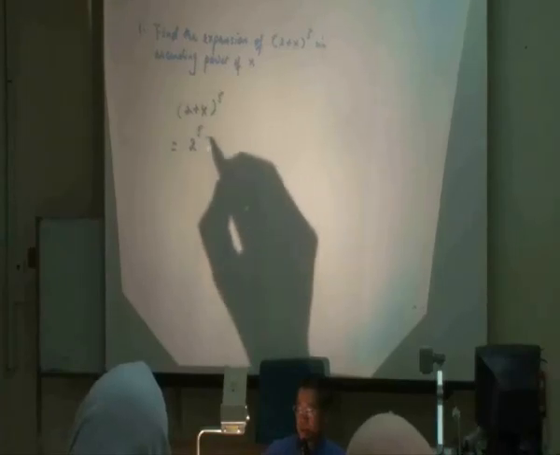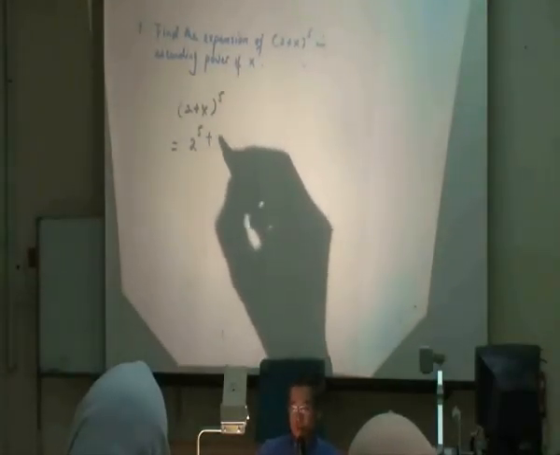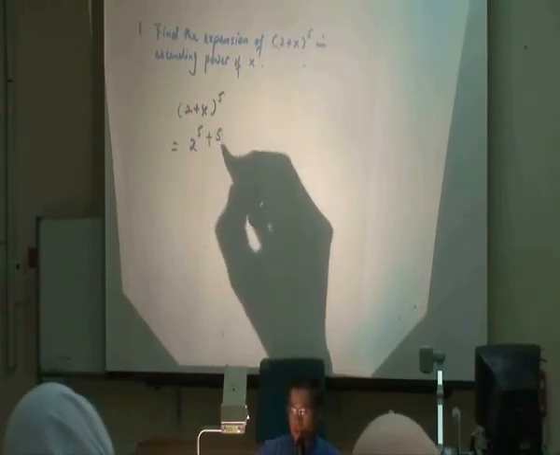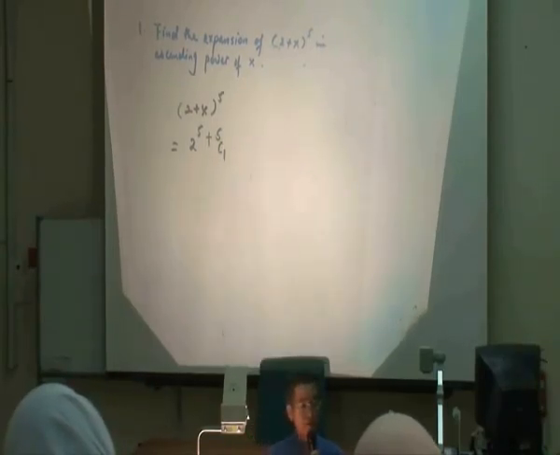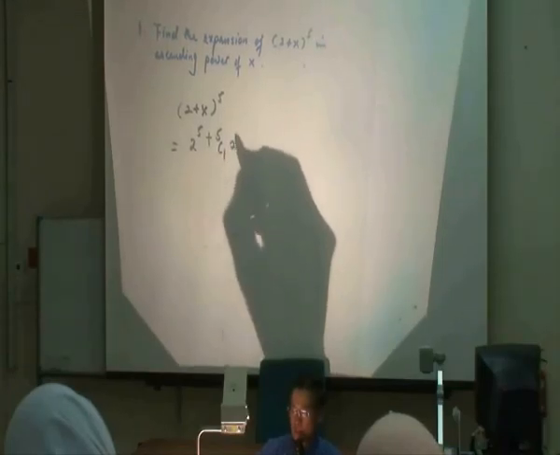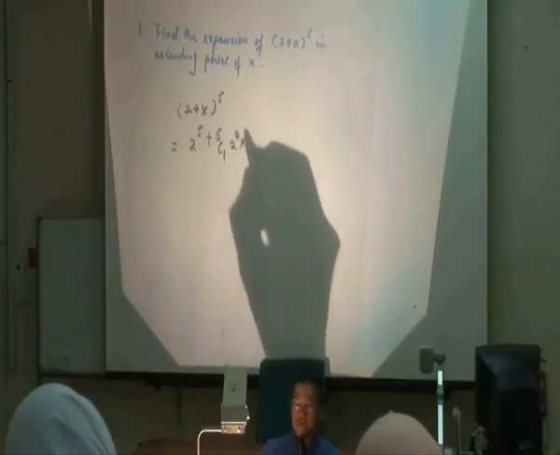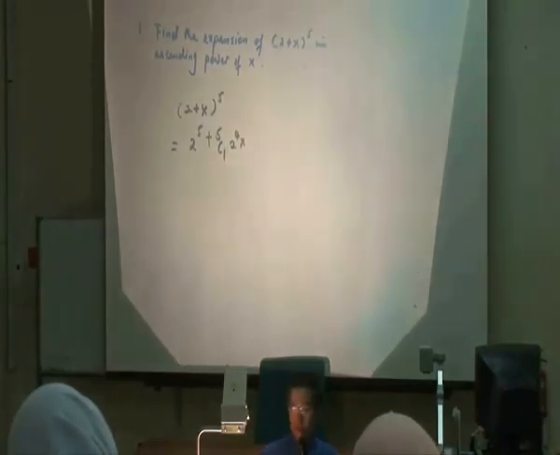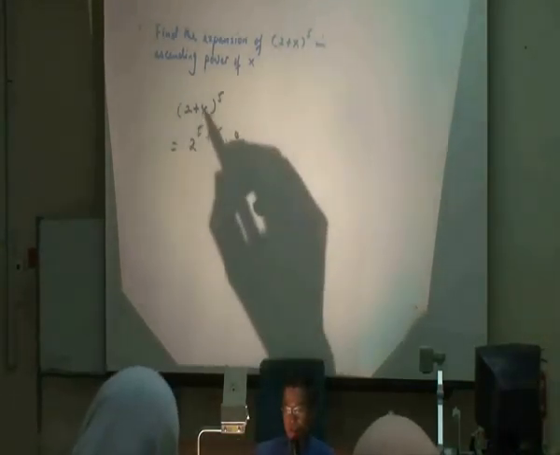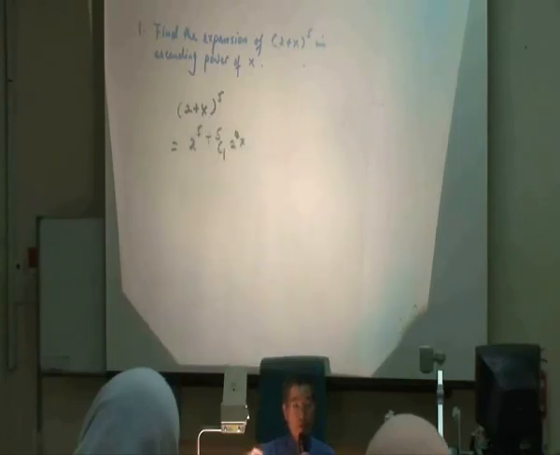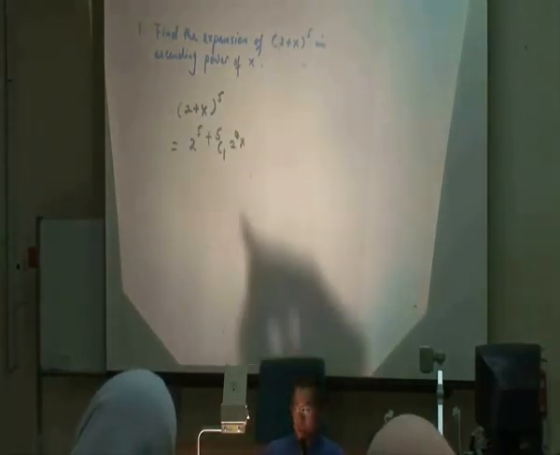Then add 2, followed by 5C1, alright? You can write that as 5. Or if you want to use a calculator to work it out, that is also fine, right? 5C1, then 2 to the power 4, x to the power 1, right? The power for the first term will decrease by 1 each time, and the power for the second term will increase by 1, alright?